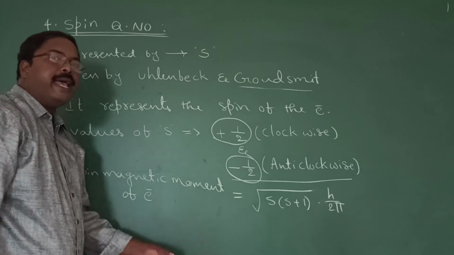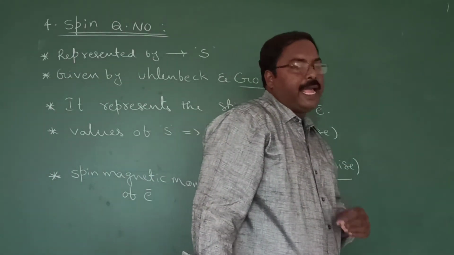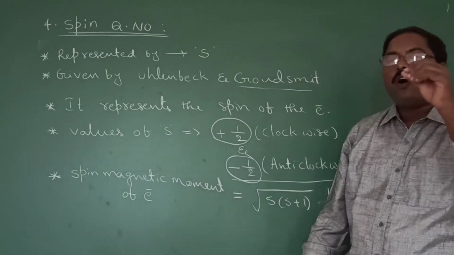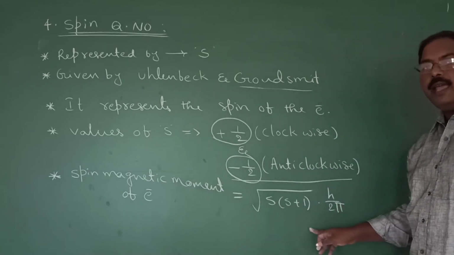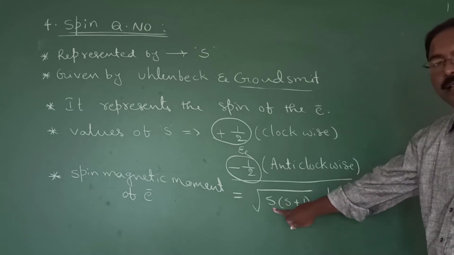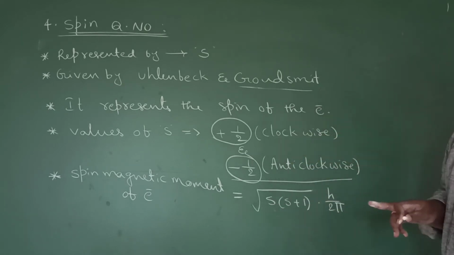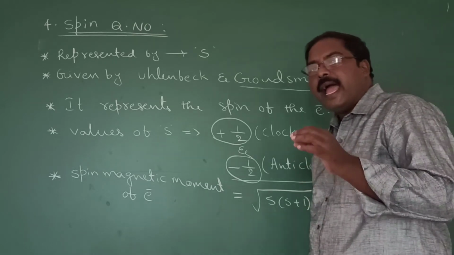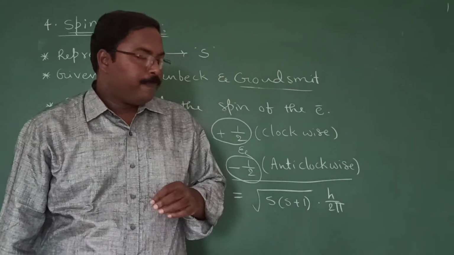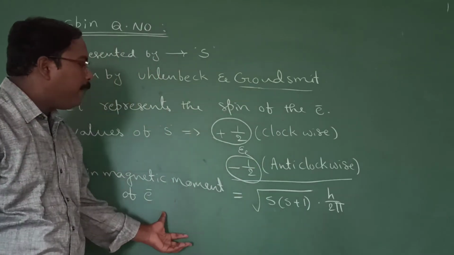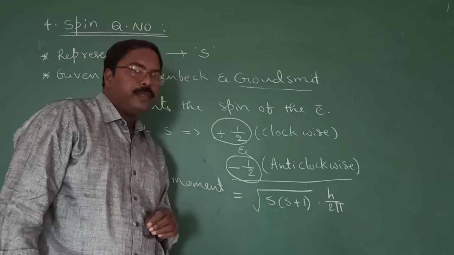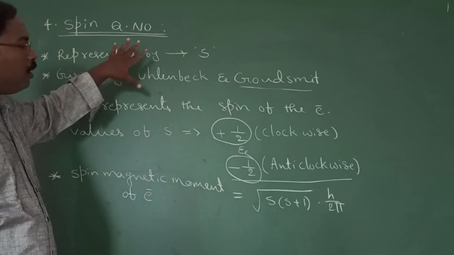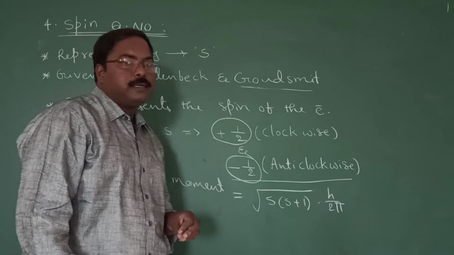Same as orbital angular momentum. In the case of orbital angular momentum, we got the formula in the same way, but instead of s, we have small l, because orbital angular momentum is calculated using the azimuthal quantum number. Spin magnetic moment can be calculated using the spin quantum number. So this is about the four quantum numbers.